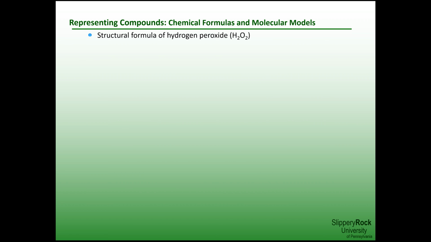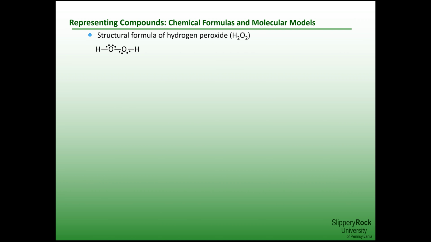At the most basic level, chemical and structural formulas show how atoms are connected and the types of bonds between them. For example, the structural formula of hydrogen peroxide, H2O2, shows an oxygen-oxygen single bond with each oxygen also bonded to a hydrogen atom.